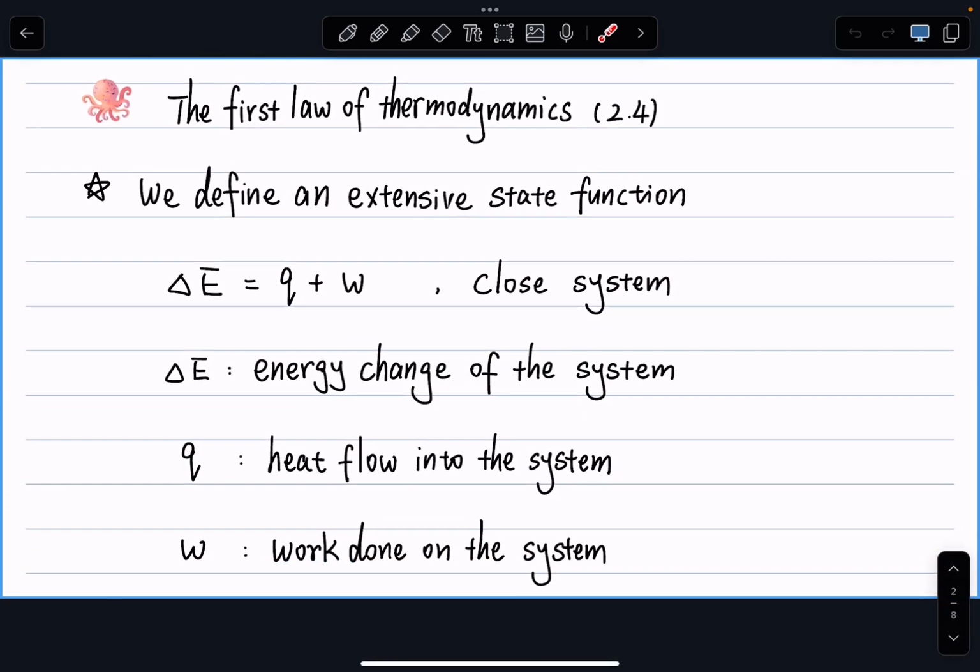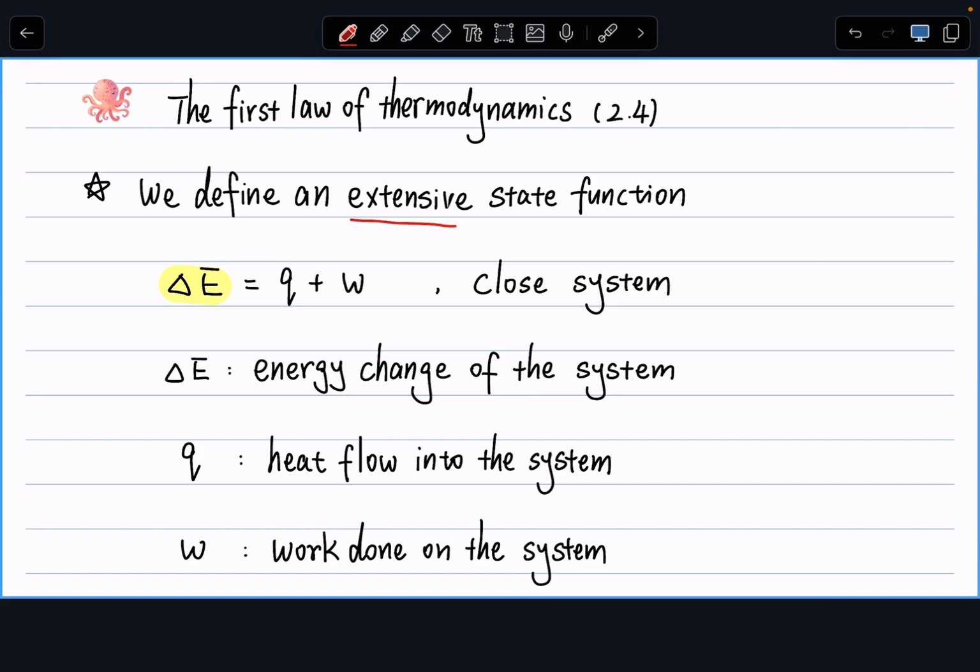So getting started. The first law of thermodynamics basically tells us there exists an extensive state function, E or delta E, which is the total energy of the system. All right, so in this definition, we have several terms you want to know.